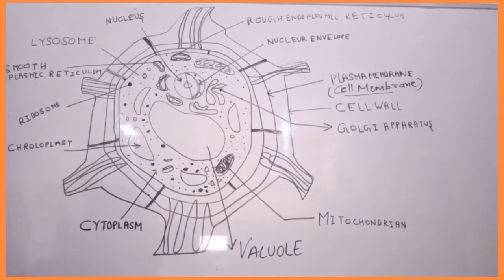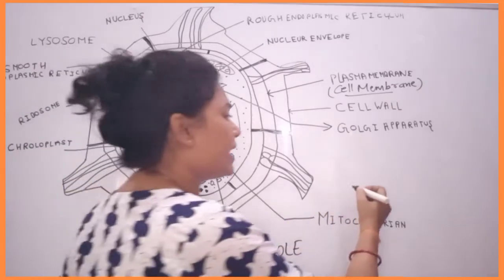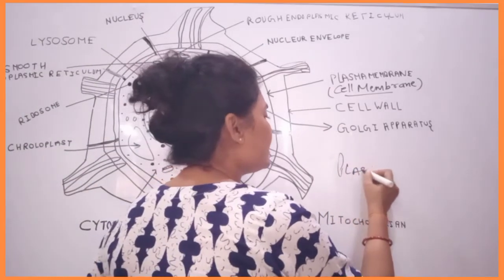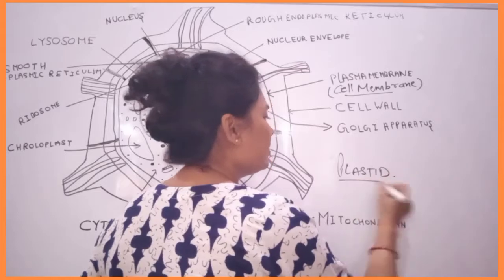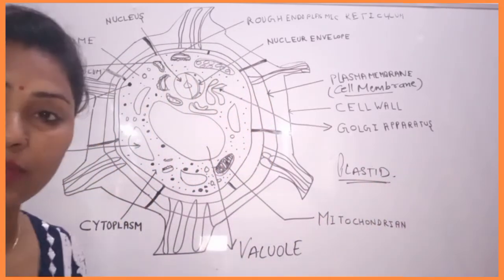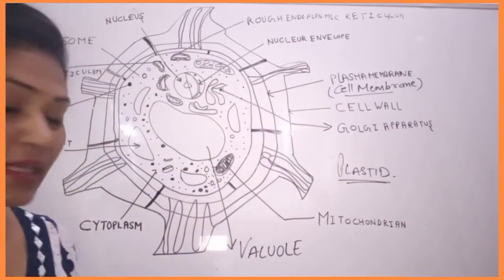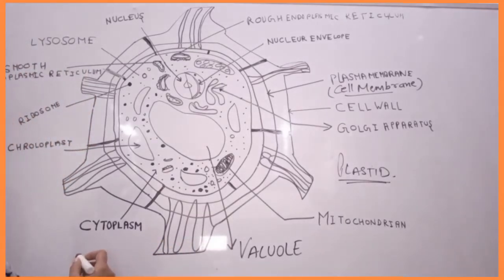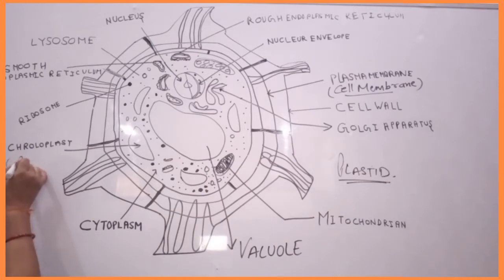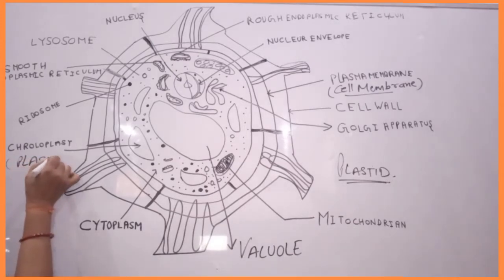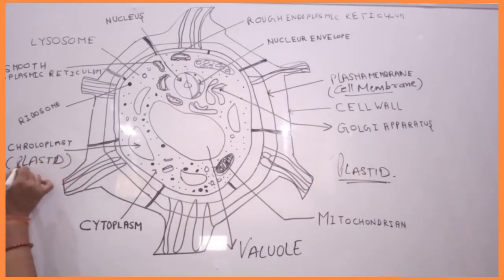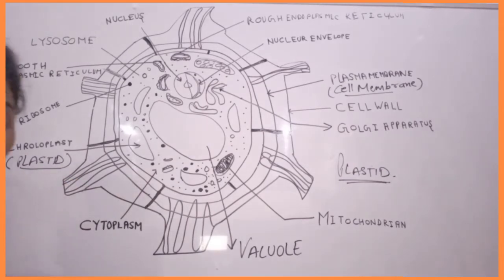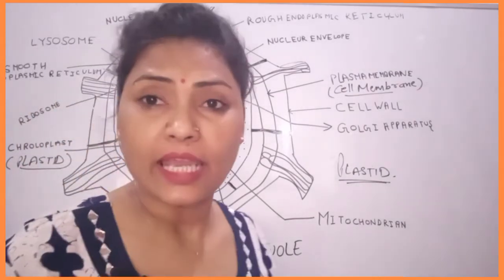Now next are plastids. I have told you that plastids are present in the plant cell. They are not present in the animal cell. This one is a plastid, the chloroplast, which is present in the plant cell only and is absent in the animal cell.